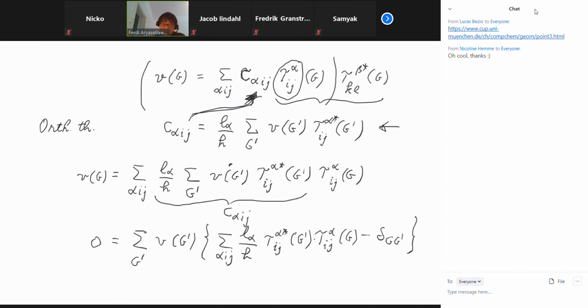I'm just rewriting this equation. Because this vector is arbitrary, this should be 0, which is just what we want to show or verify.